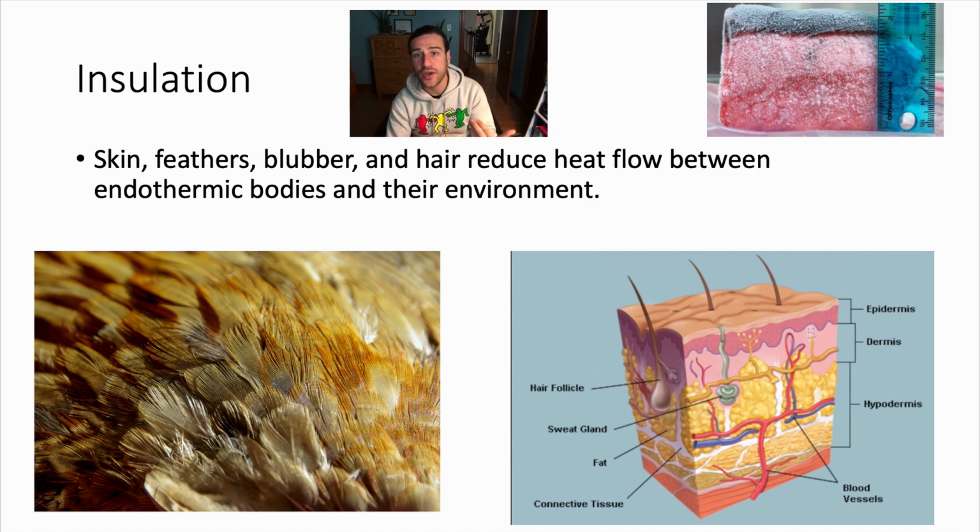That's why windows in modern day homes are double paned, right? You have that space of air in between the two windows, because air is literally all around us, super cheap, right? You don't have to add any money resources to getting air in between your windows. And it's an excellent insulator. So hair actually traps air.